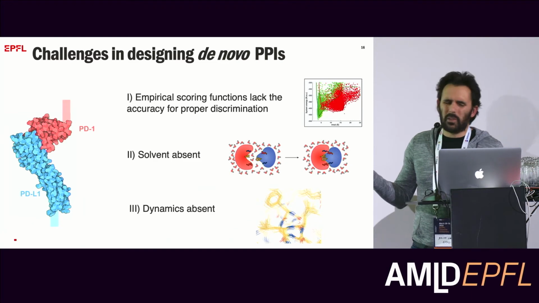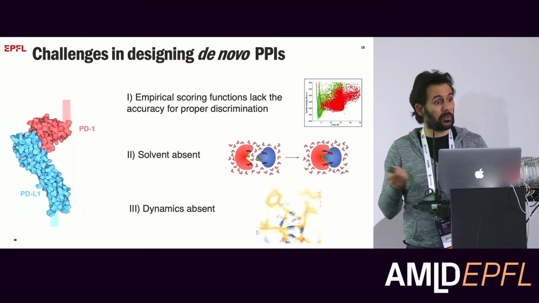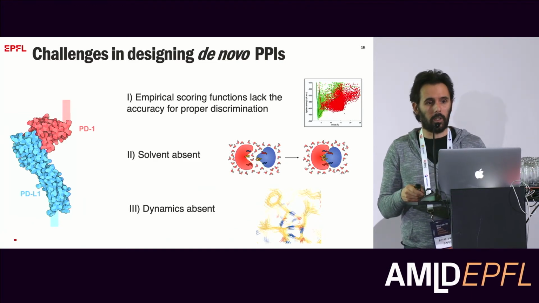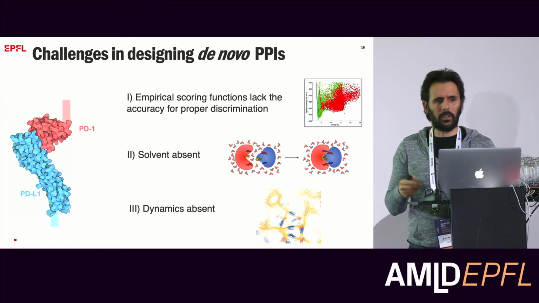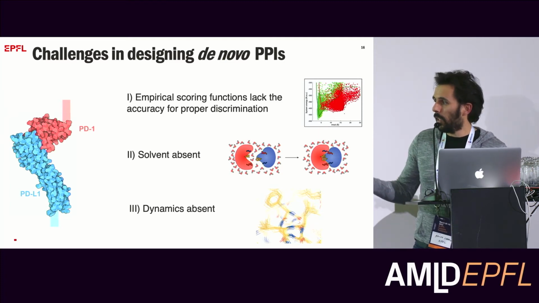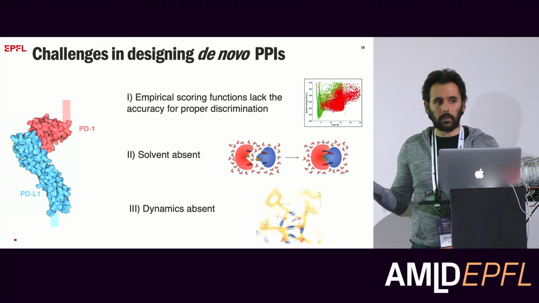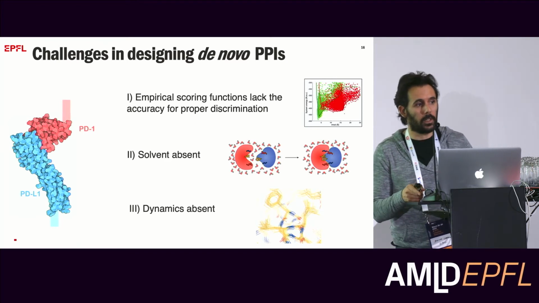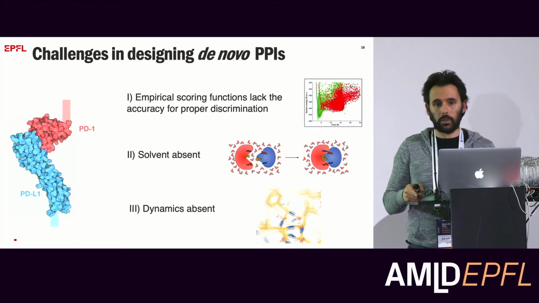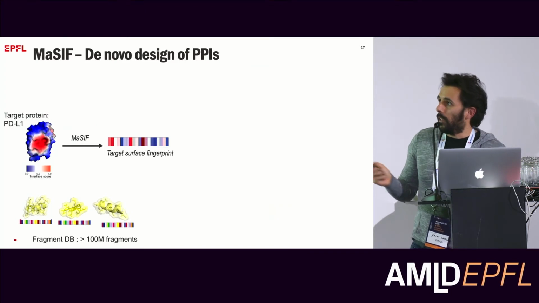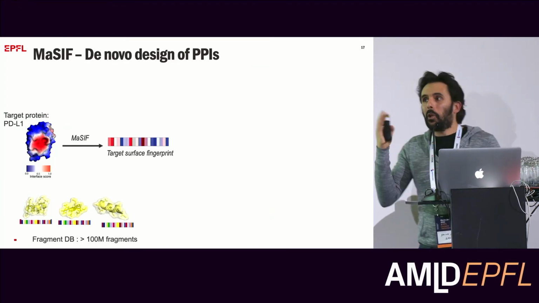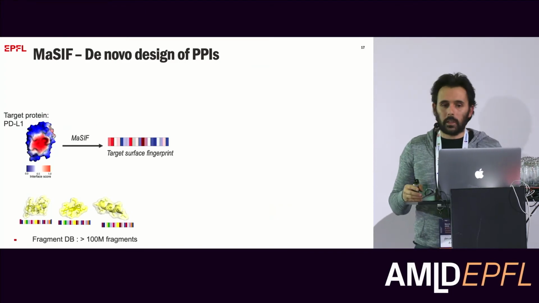We most of the time also don't consider solvent, but it is true, right? Molecules do live in water, and we just compute everything in vacuum. Another point that is also not present in many of the ways that we describe our systems in the computer is dynamics. Molecules are not static entities. They have motion.